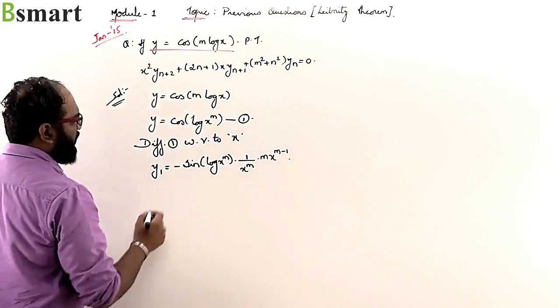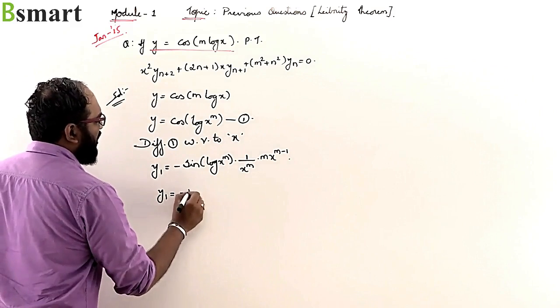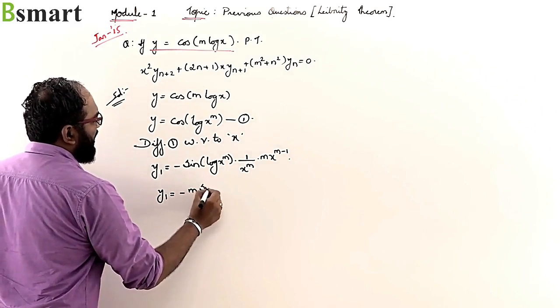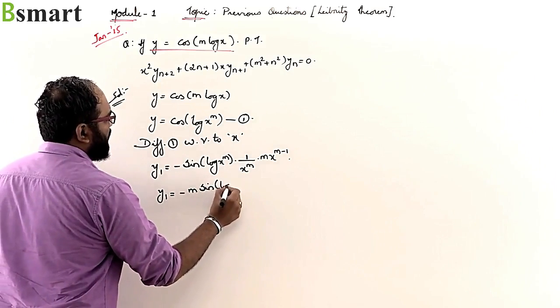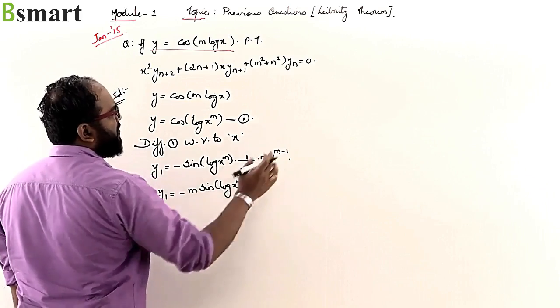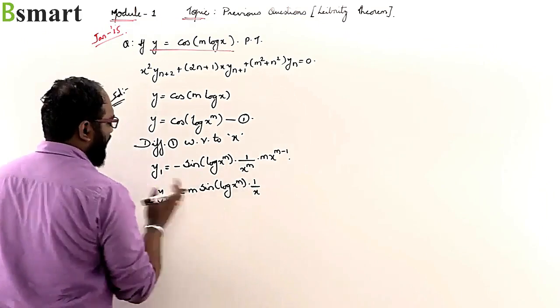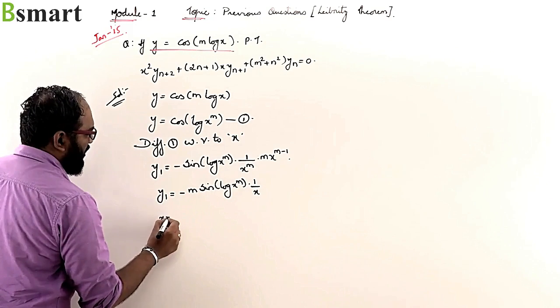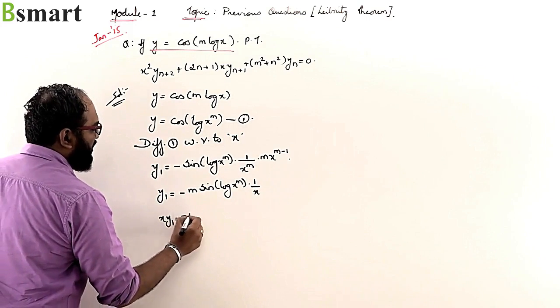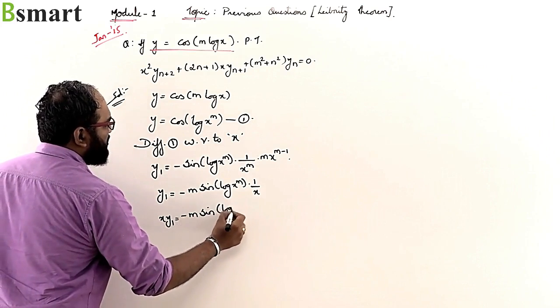Now if we simplify this, y1 is equal to minus m into sine of (log x) to the power m into x to the power m minus 1 by x to the power m, that is 1 by x. I'll bring x this side, so then x y1 is equal to minus m into sine of (log x) to the power m.